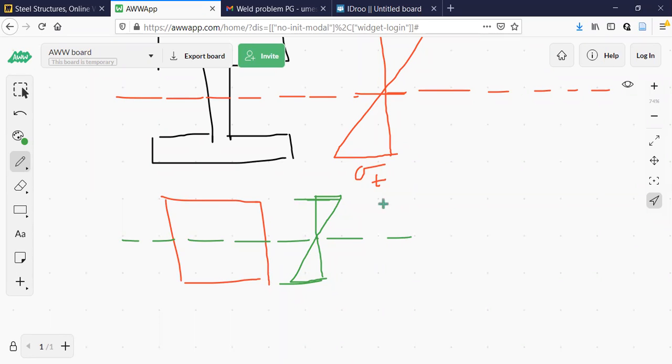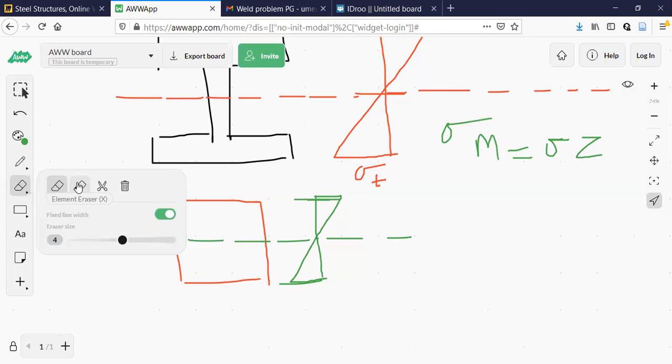So this one, as you can see, sigma T, sigma B, whatever, sigma C, the formula is M is equal to Fz or sigma Z. Sigma and F are the same here, both are used in some textbooks.